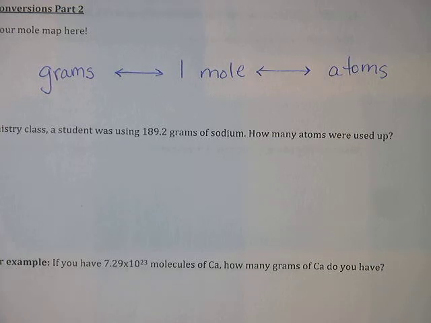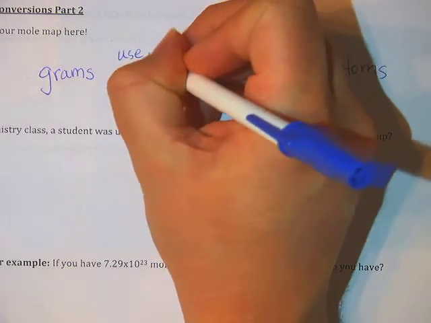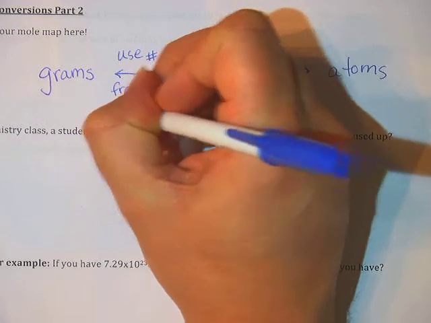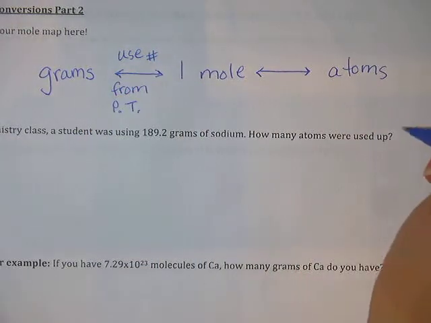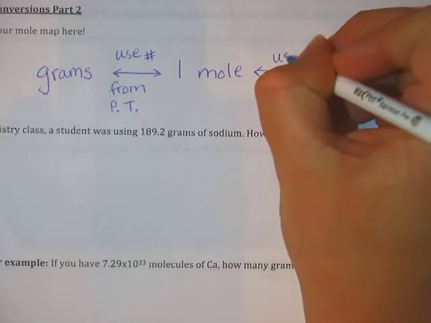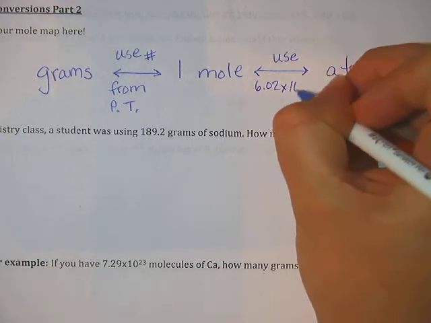We know that when it comes to grams, we were using a number from the periodic table. And when we were using atoms, we use 6.02 times 10 to the 23rd.